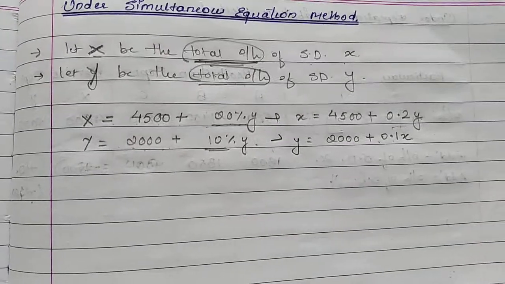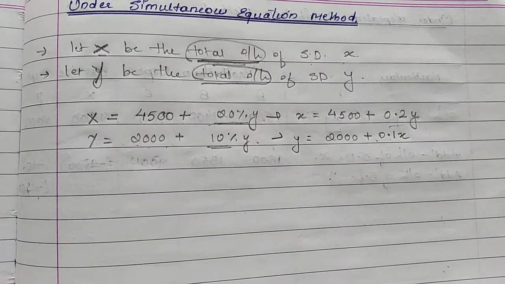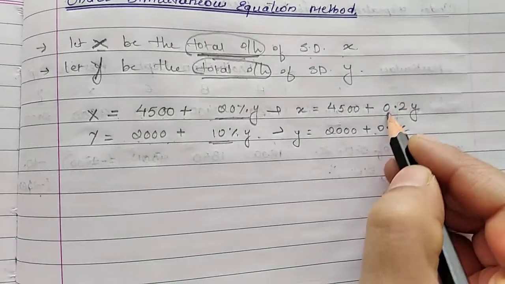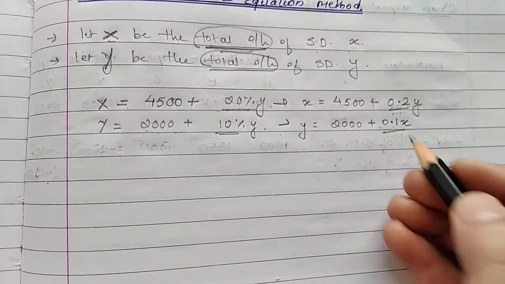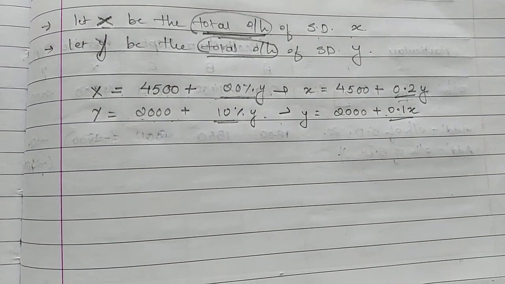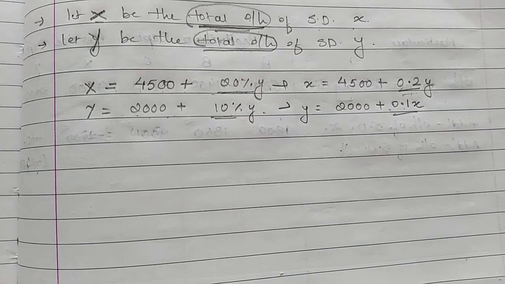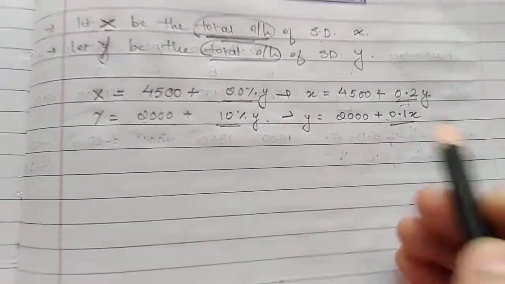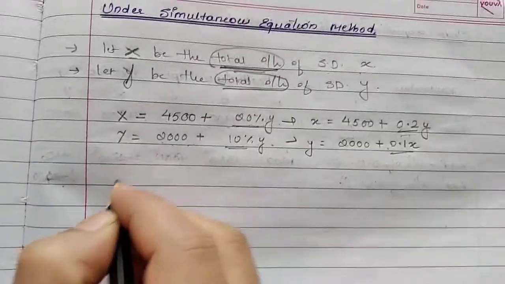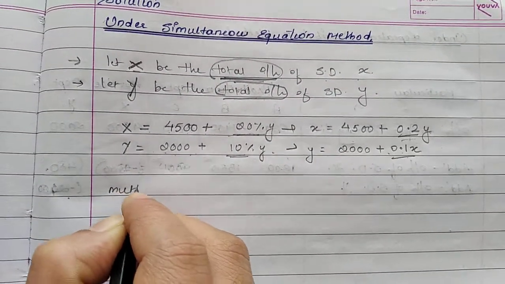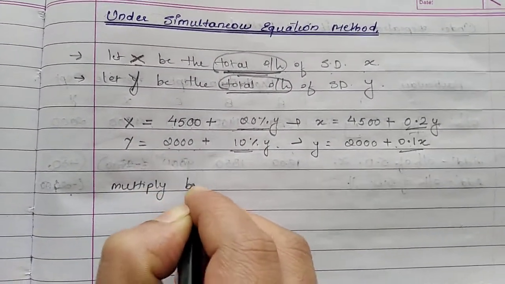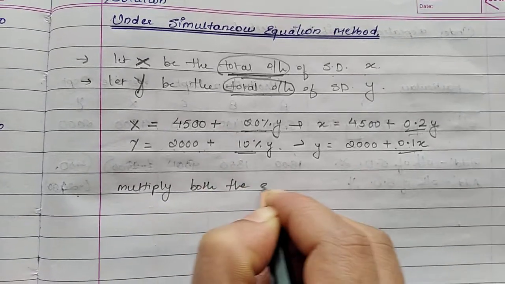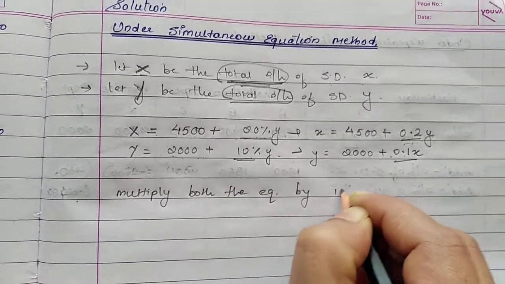Once you frame your equations, you can go ahead with your problem. But I have these decimals over here. If I go on with these decimals, everywhere I will have to multiply in point forms. It will be complicated, right? So I want to remove these decimals. To remove them, I am multiplying both equations by 10.